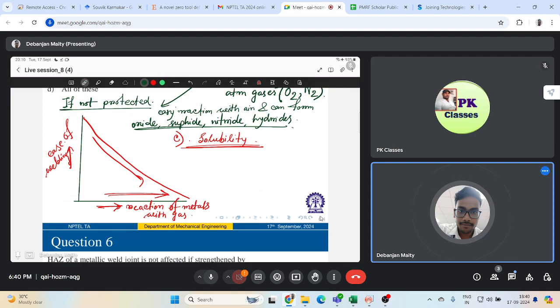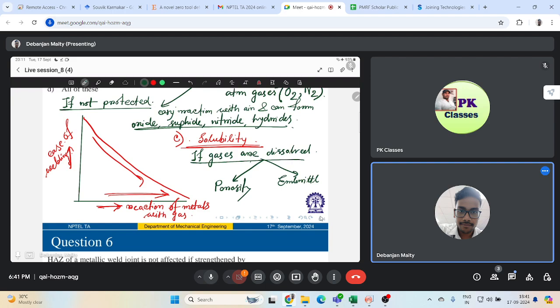Either it will form porosity in your structure, or it will embrittle your metal, right?